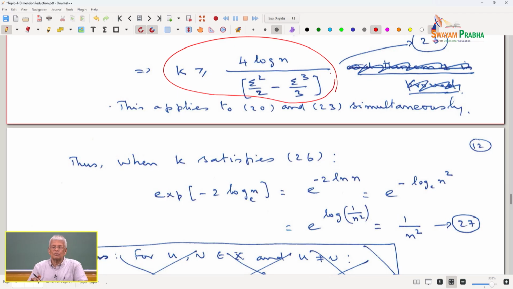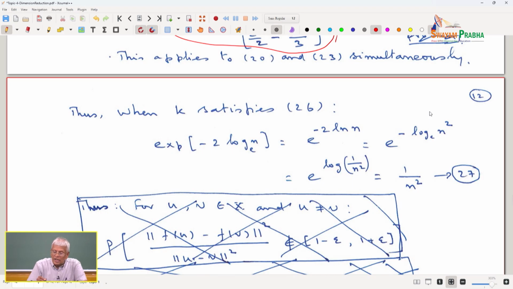that's a lower bound. What is k? K is the dimension of the space into which I am going to embed. So the dimension of the receiving space must be at least as large as 4 log n divided by a polynomial in epsilon.